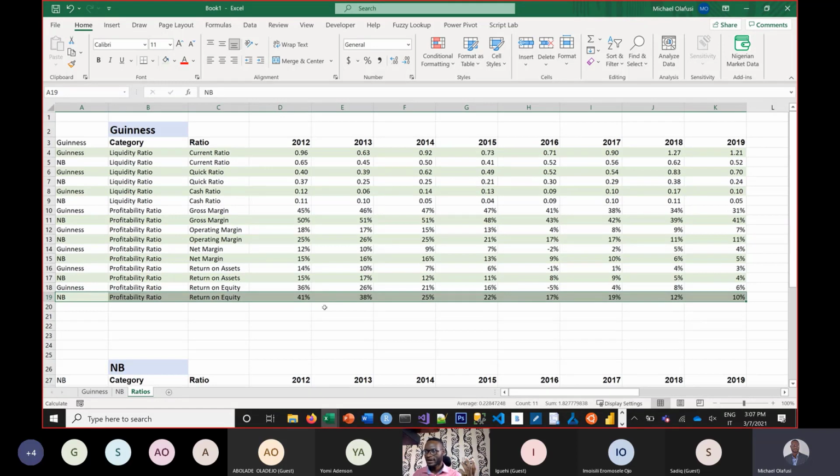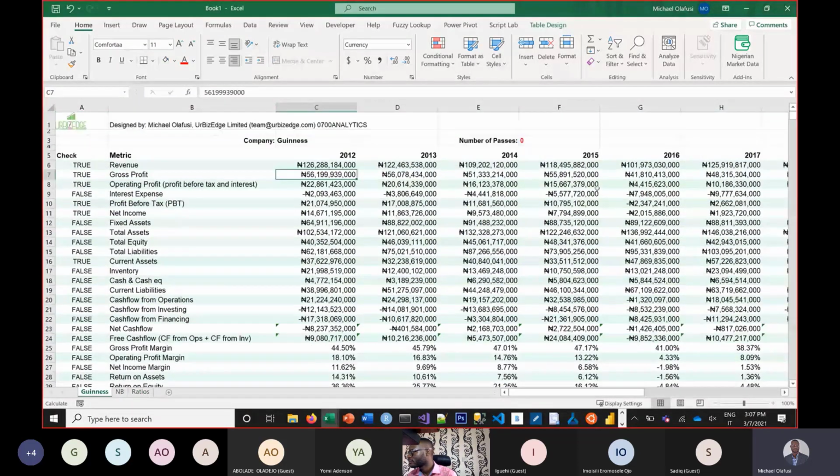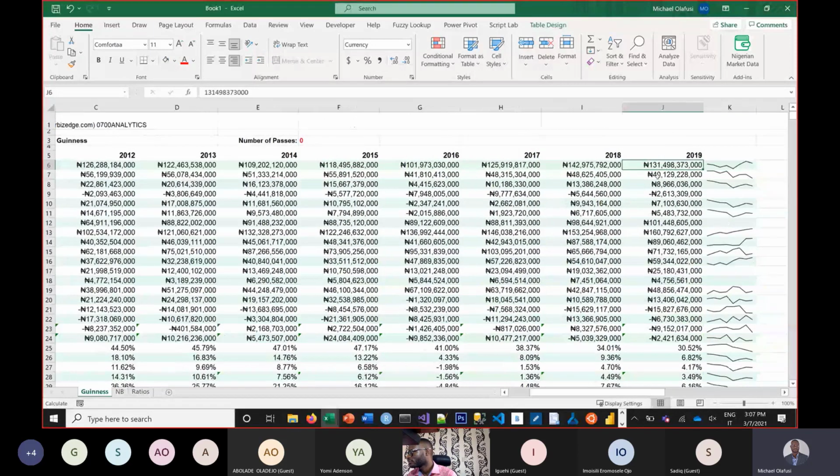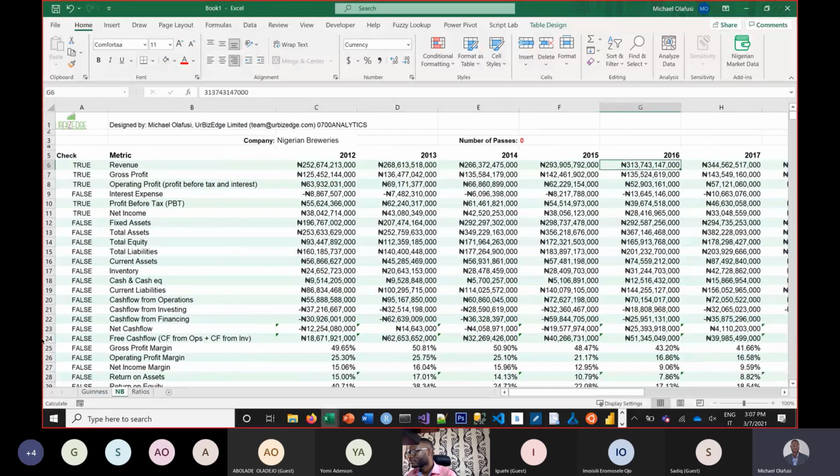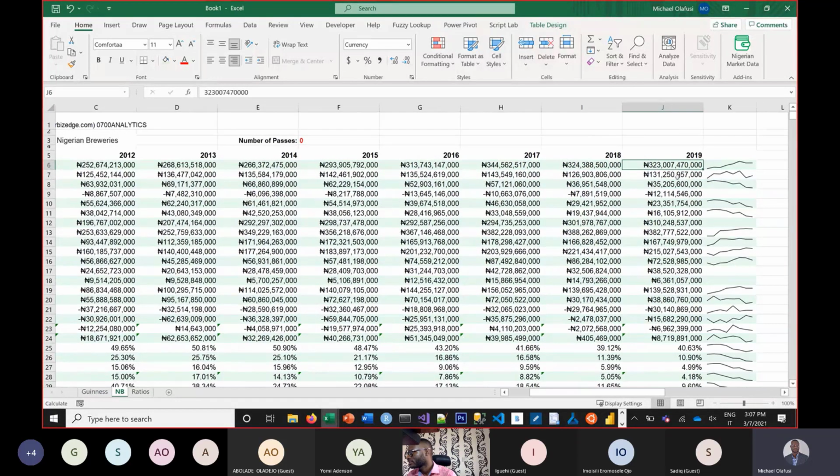The two companies are of different sizes. I think Nigerian Breweries is almost twice Guinness revenue-wise. Let's go check. Guinness revenue for 2019 is 131 billion. Nigerian Breweries is even more than twice, 323 billion.